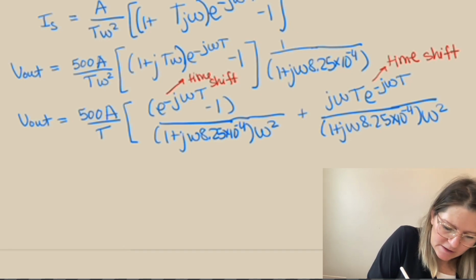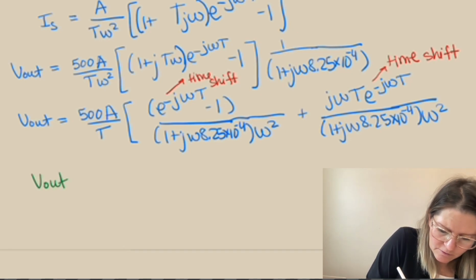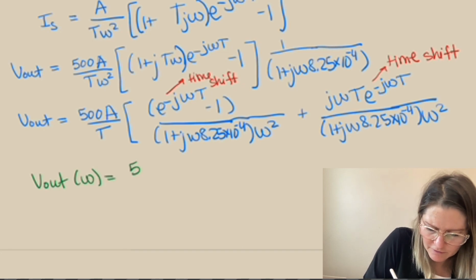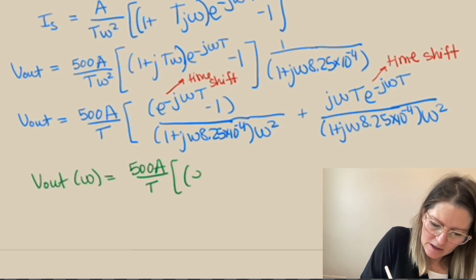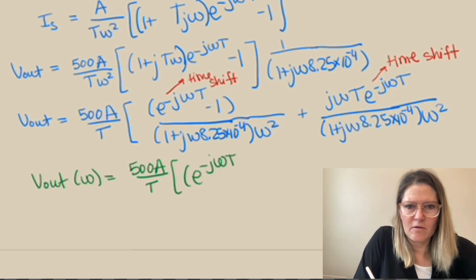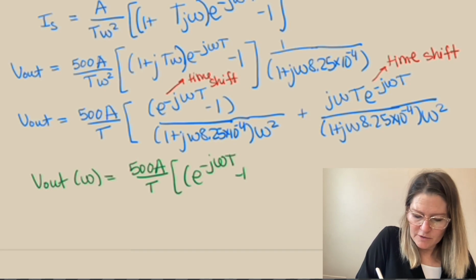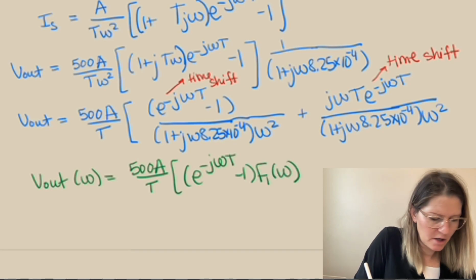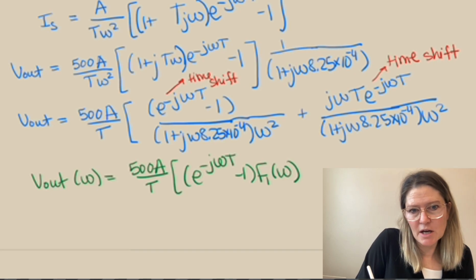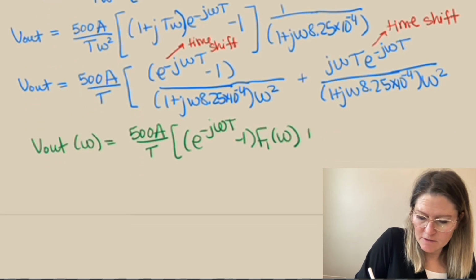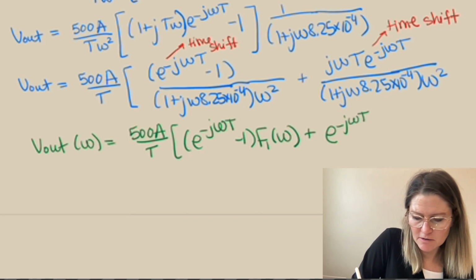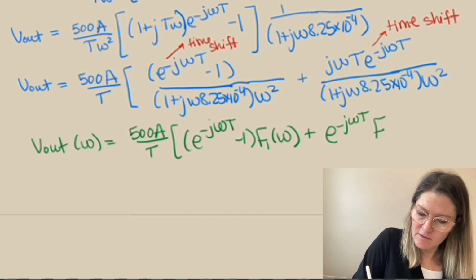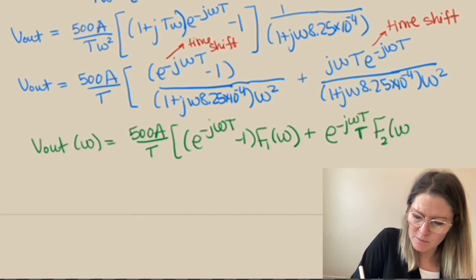We can rewrite this as V out of omega equal to 500a over t minus 1, and then some function F1 of omega, and then we'll have the same thing, e to the minus j omega t times, oh, and we can bring the t out because it's a constant, so F2 of omega.